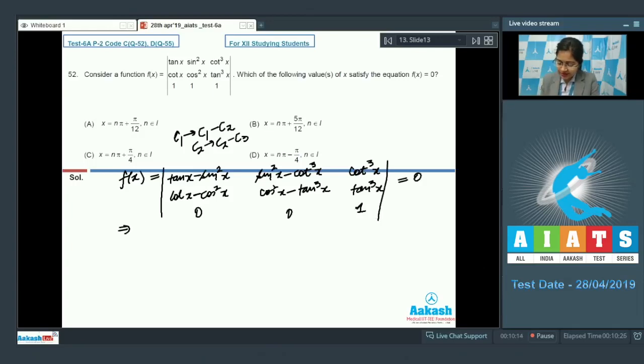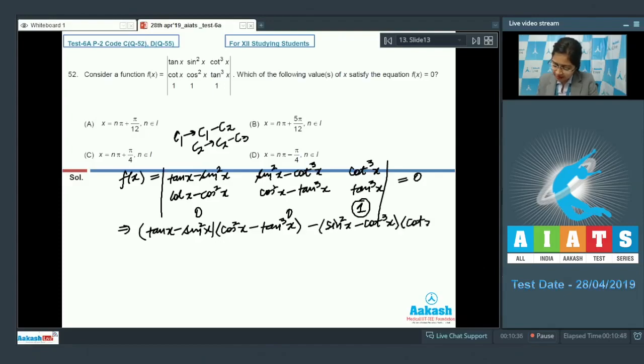Now solving this about this element, we will get tan x minus sin square x multiplied with cos square x minus tan cube x, minus sin square x minus cot cube x multiplied with cot x minus cos square x is equal to 0.